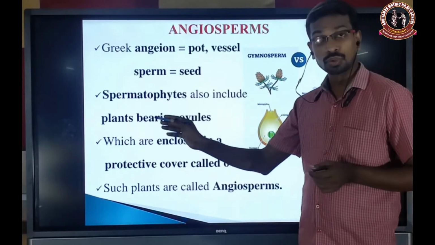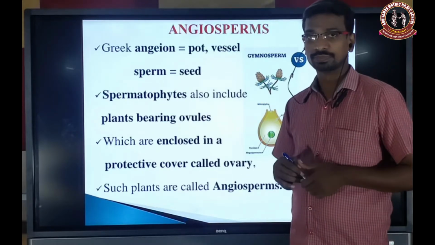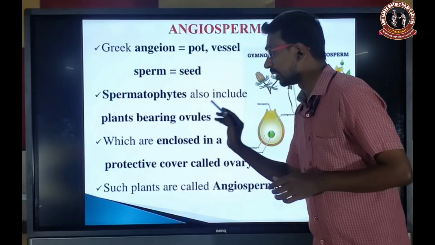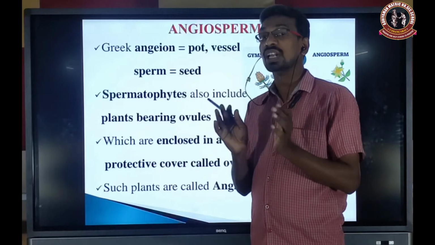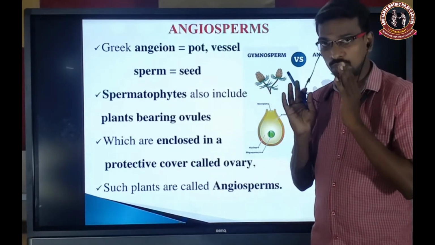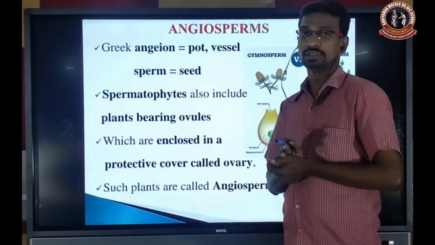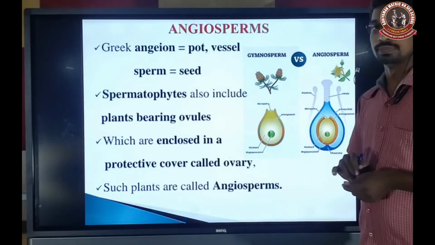Spermatophyta is also included because under the Spermatophyta, gymnosperm and angiosperm come. Such plants, those plants that have the ovary, are generally called angiosperms.